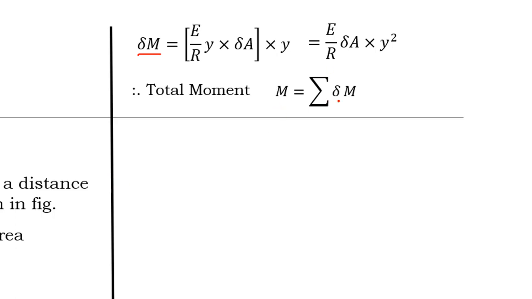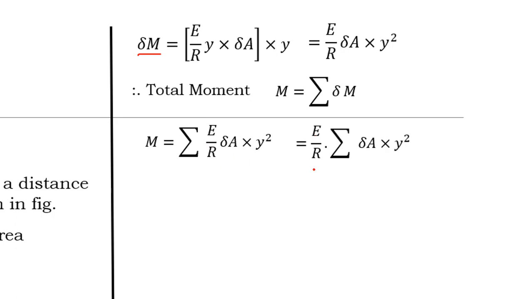So summation of this moment from the neutral axis to the outer side, both sides. So total moment is equal to summation of E upon R dA into y square. As E and R are constant, E is the Young's modulus, it is constant for the material, and the radius of curvature is again constant. So I will take E upon R outside, but that R is for that given load.